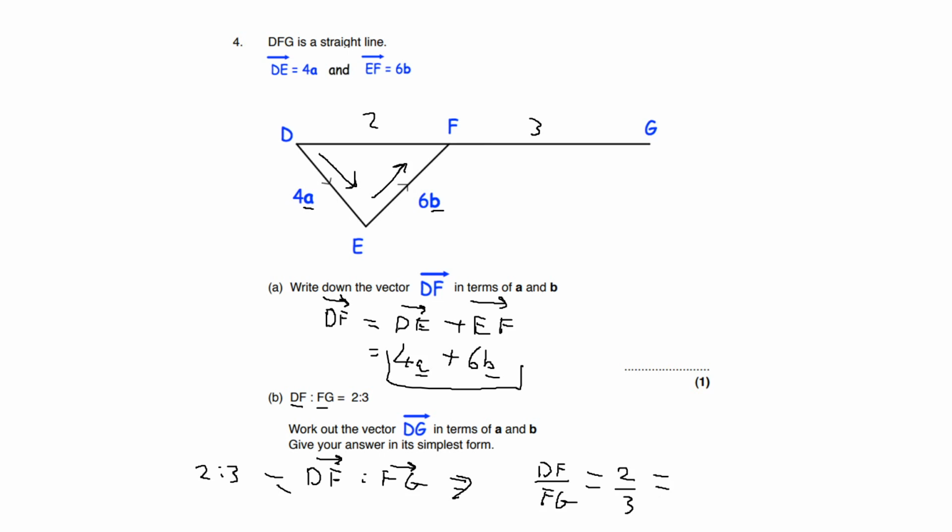And so now all we need to do is make FG the subject, and when we do that, FG is going to be 3 over 2 times DF. So, I'll write this up here in a different color now.